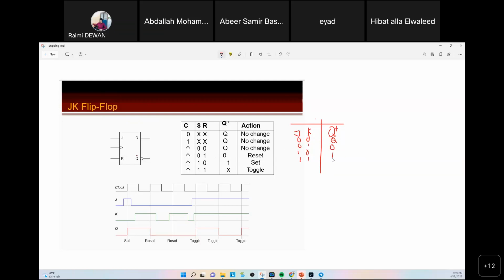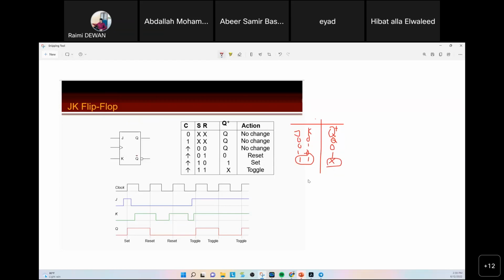And when you have 1 1, it will toggle from the previous output. If the previous output is 1, then the current output will be 0. If the present output is 1, then the future output will be 0. So it toggles depending on what output you had previously.